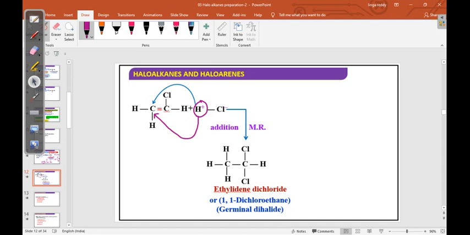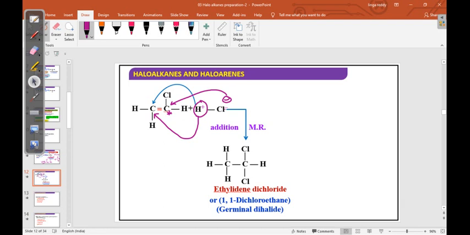Markovnikov rule is telling that the negative part of the unsaturated reagent is attacking on a carbon which is having fewer hydrogens. That means the chlorine is attacking on this chlorine carbon, and hydrogen is attacking on the hydrogen-rich carbon.